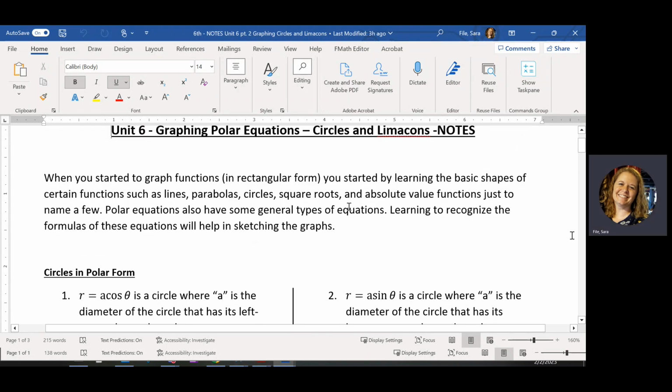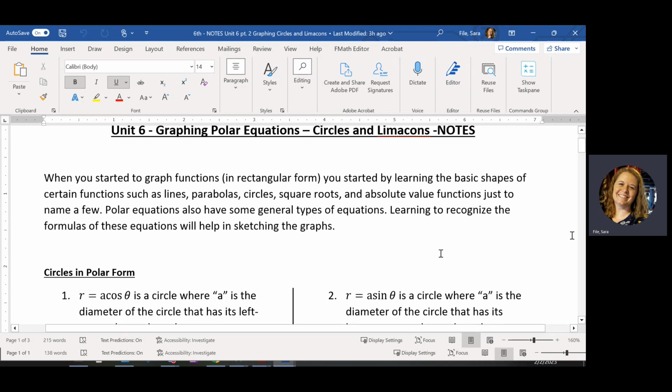In the Desmos activity yesterday, you played with the sliders to change the values of the A's and the B's in some sine and cosine polar equations, where it was R equals, so that you could see how the A affected the shape or how the B affected the shape.